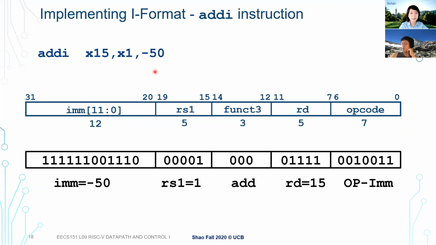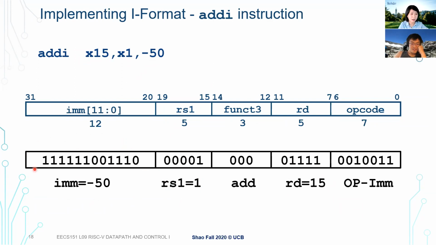So to encode this assembly instruction in binary, we put the destination register, which is 15. So we encode 15 here as our destination register, and the source register is 1. So we put 1 here to represent the first register. And to encode the immediate, we encode negative 50 in the immediate field.